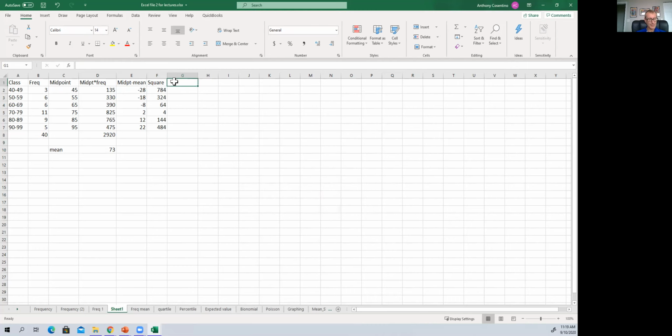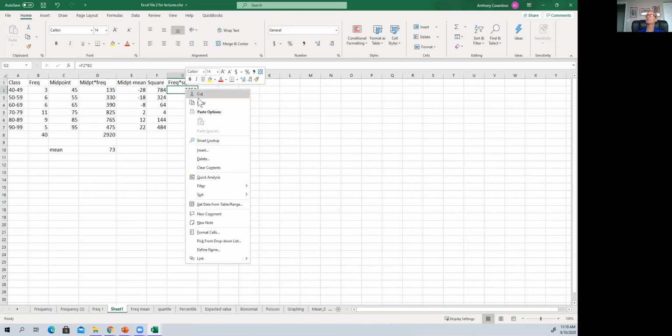So this is frequency times the square. This would be equals 784 times this frequency, which is 3. Highlight both those cells, and then we could do the copy and paste.